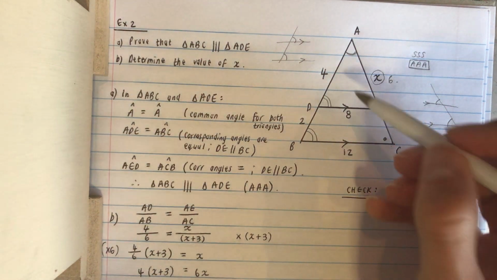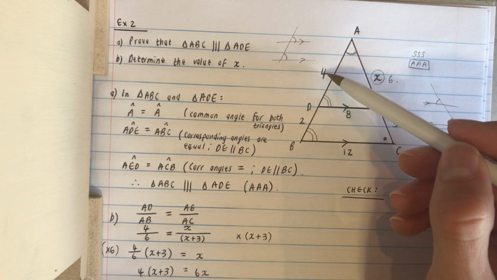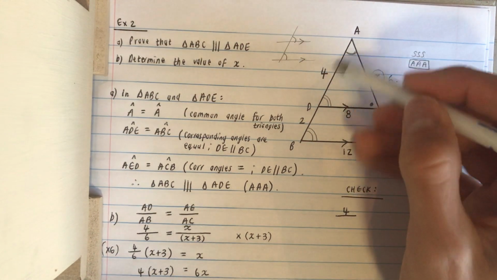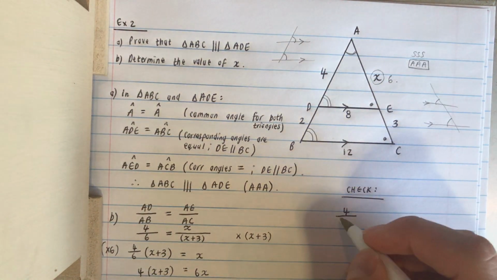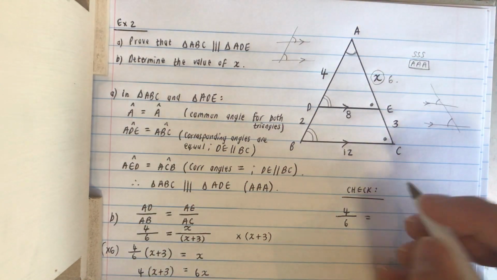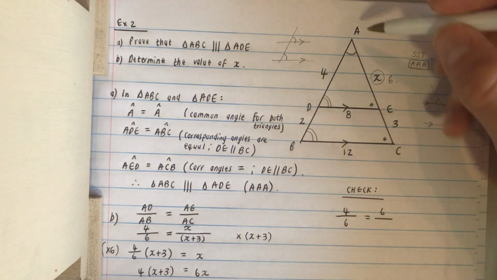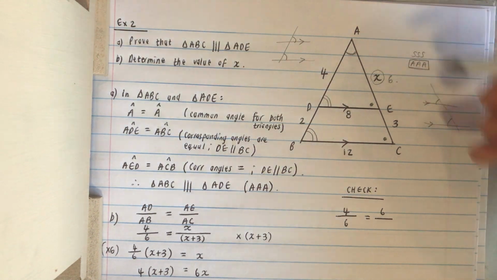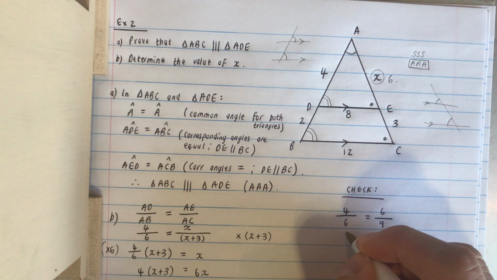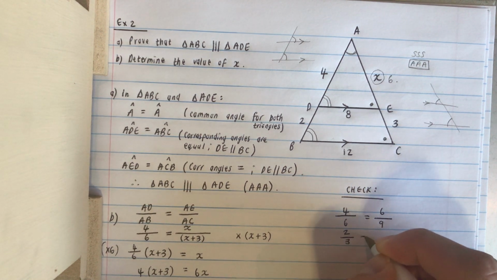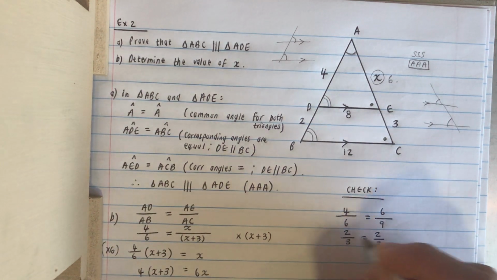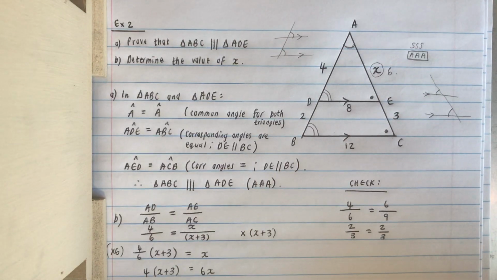We say 4 over the bigger one, over 6, is equal to this one, which is 6, over 6 plus 3, which is the bigger side, which is 9. So 4 over 6 will give us 2 over 3 if we simplify it, and 6 over 9 also gives us 2 over 3. They are the same, so we know that we didn't make a mistake.